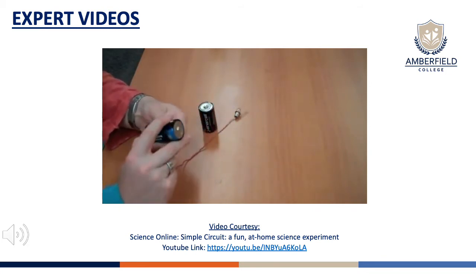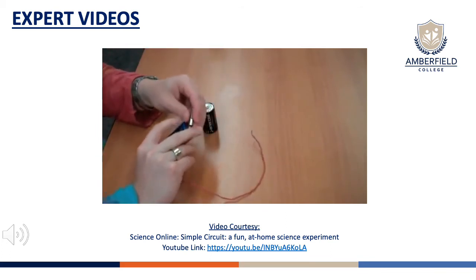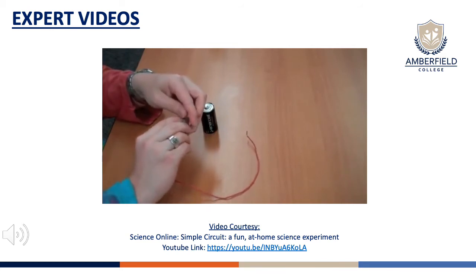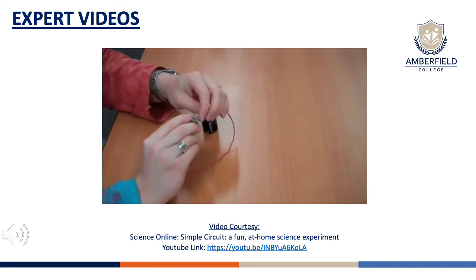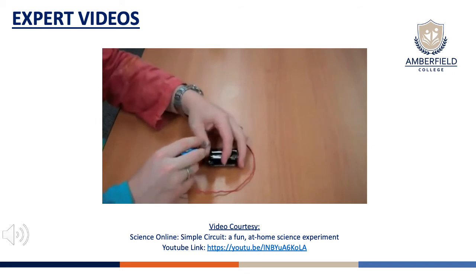You can use tape or your finger. And then the light bulb, have it touching the other side of the battery. Then using this end of the wire, you can light it up. Now that's not nearly as bright as the flashlight, so let's try 2 batteries. So we line them up.